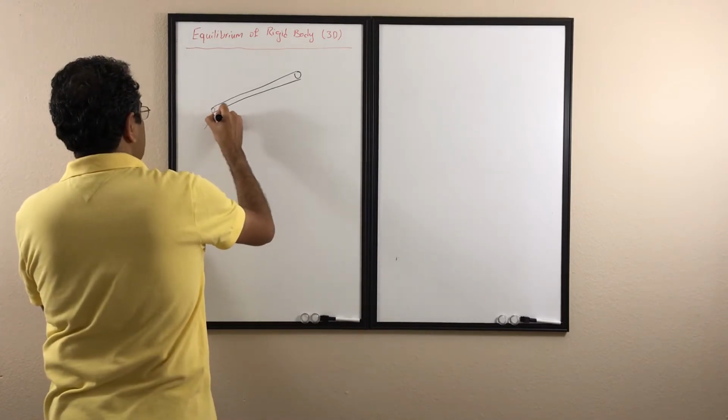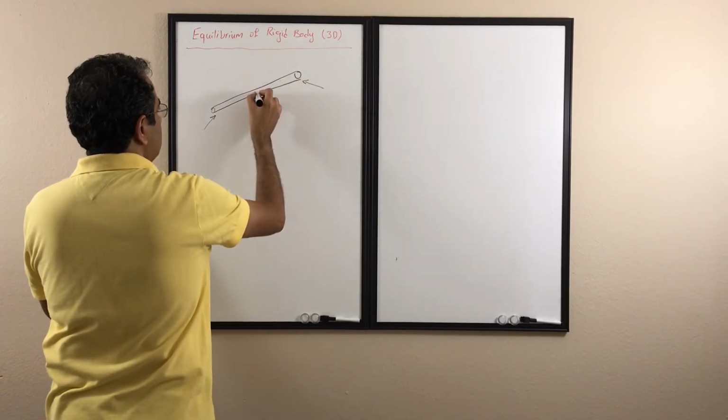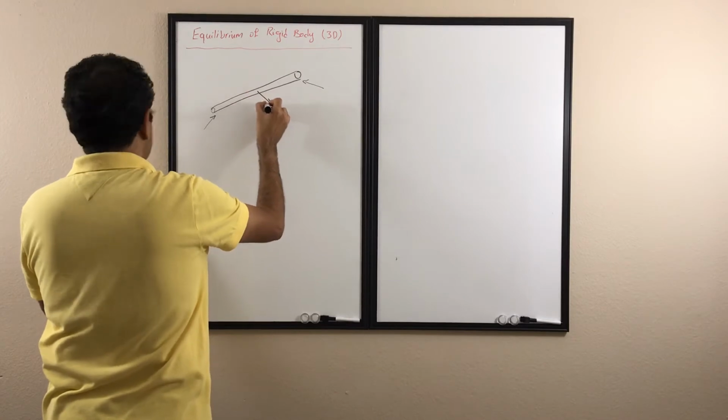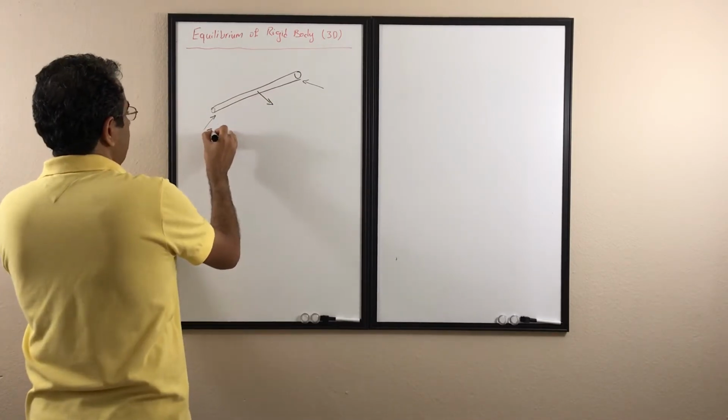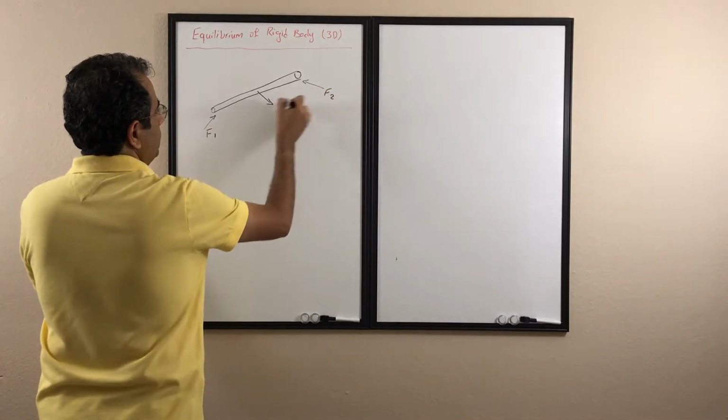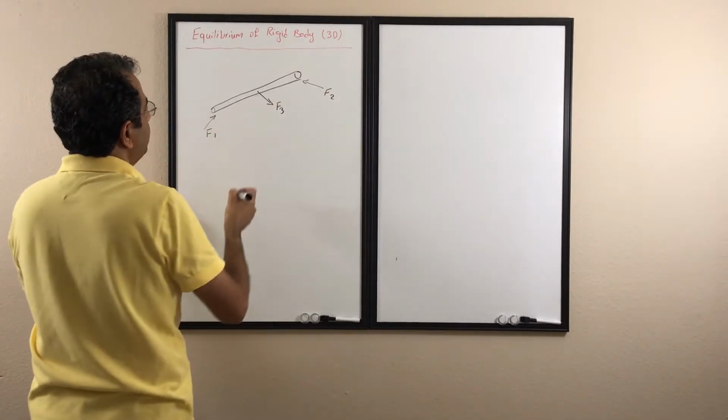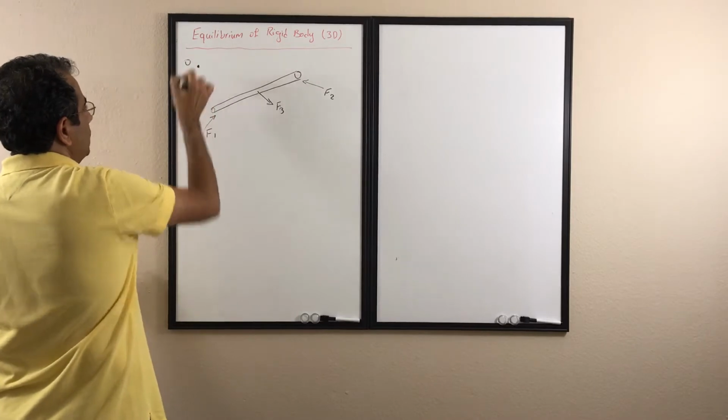So I assume this is a force here, and a force here. I'll call them F1, F2, and F3. And I have a point over here.